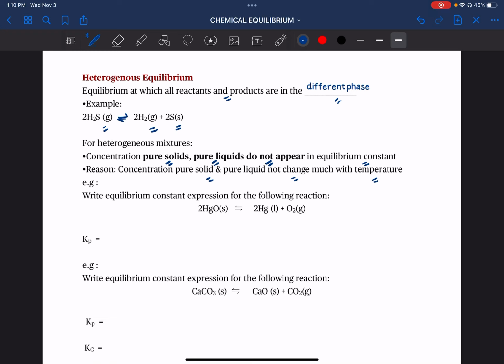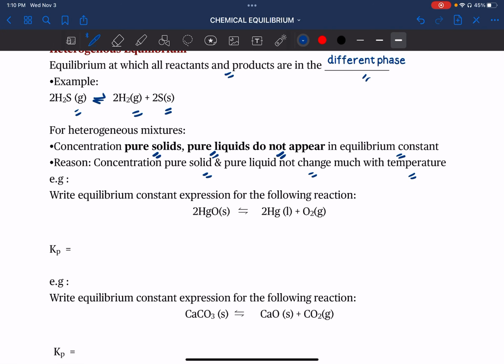Okay, for example, let's have a look at this equation. Kita ada solid, liquid and gas. So basically this is heterogeneous equation. Tapi untuk heterogeneous, kat sini dia dah cakap, kalau dia ada pure solid, pure liquid, kita tidak akan tulis dia di dalam expression Kc or Kp.